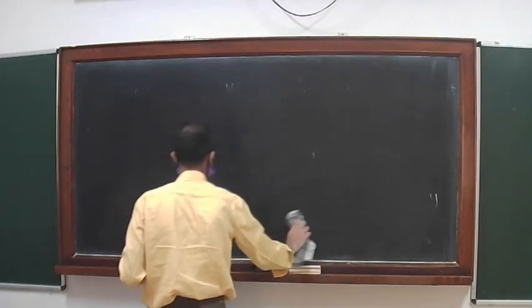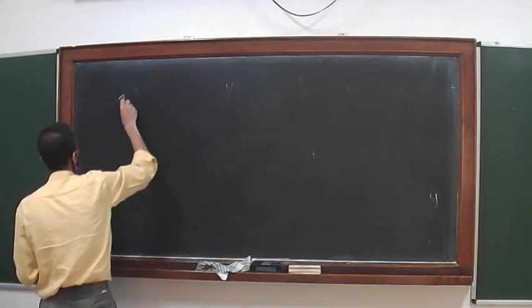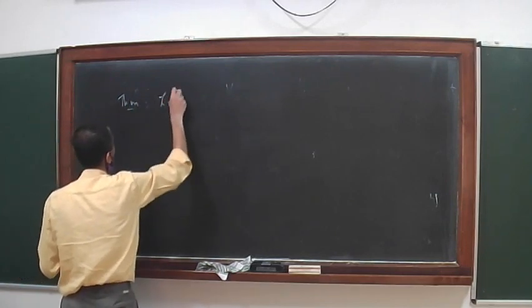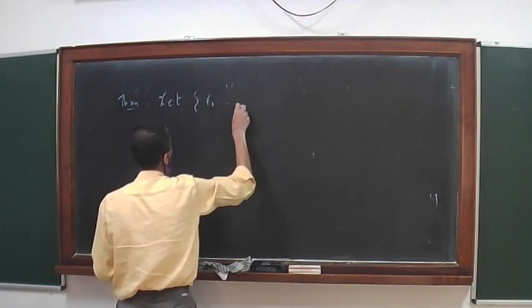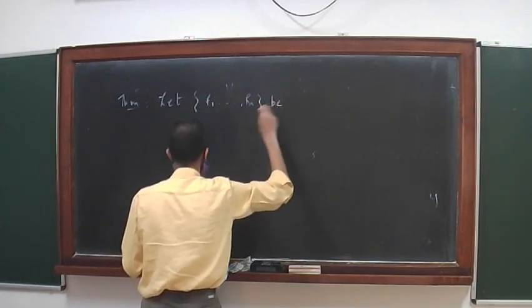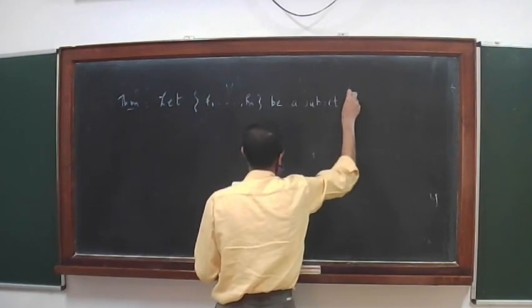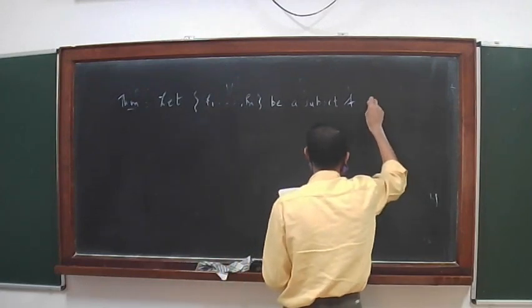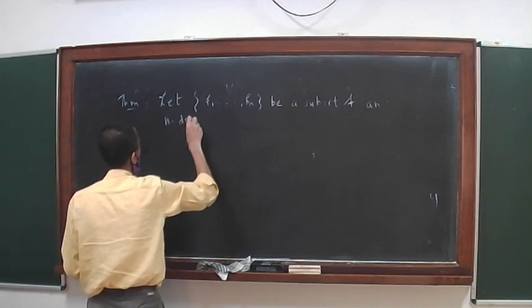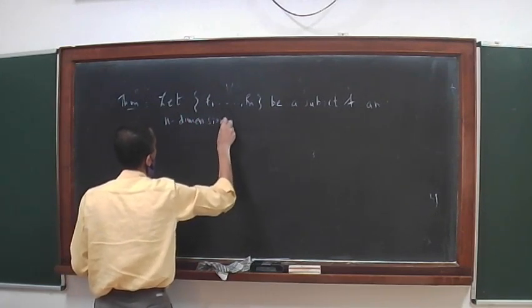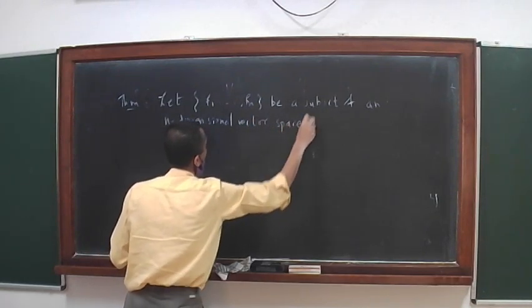Yes, so let us see this. So this is a theorem now. Theorem: let F1, F2 up to Fn be a subset of an n-dimensional vector space V, right?